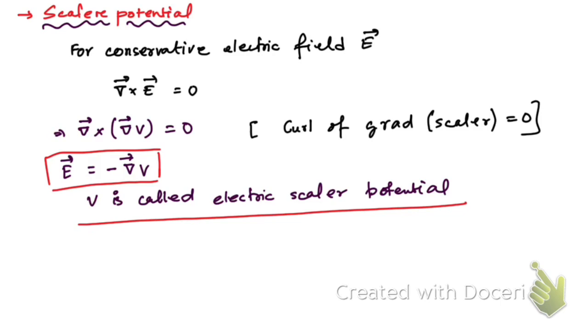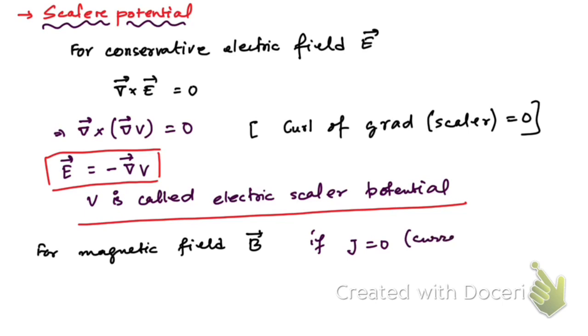Similarly, for the magnetic field B. For J equal to 0, where J means current density, in magnetostatics we can say that curl of B is equal to 0.